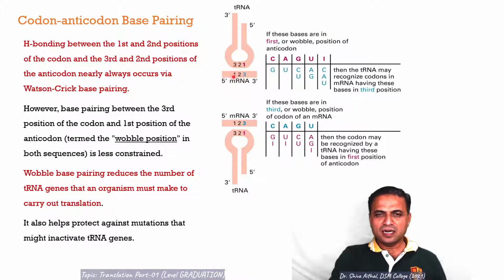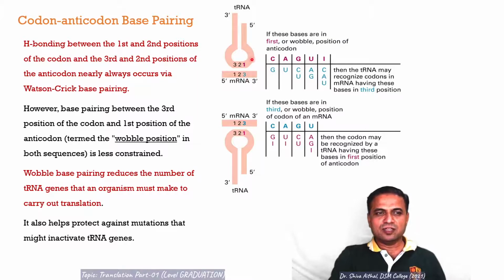So 1 and 2 on the mRNA and 2 and 3 on the tRNA are always Watson and Crick. It is 3 on mRNA and 1 on tRNA that have a wobbling situation.